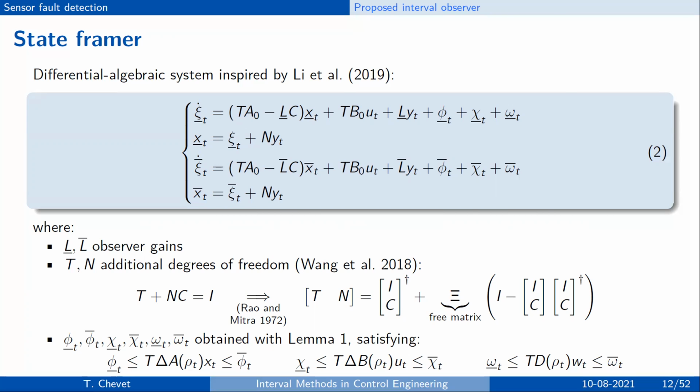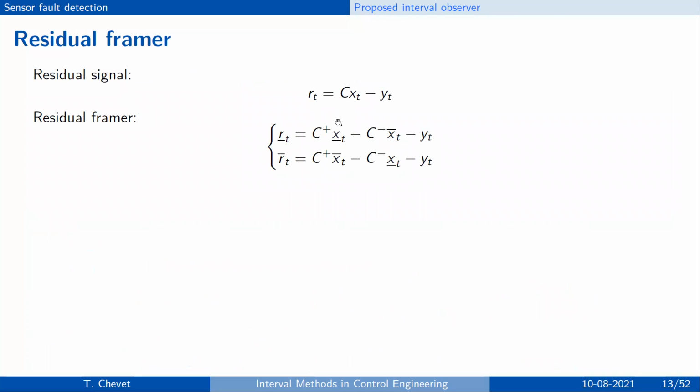the interval observer. Then if we knew perfectly the state vector, the residual signal expression would be this one. We don't know it. We have potential bounds for it. So with the bounding lemma, we can find bounds for the residual signal.